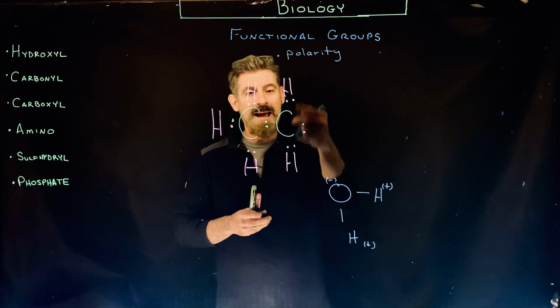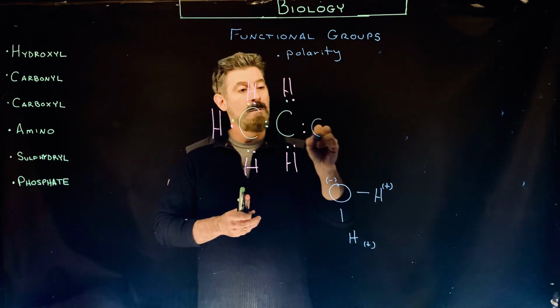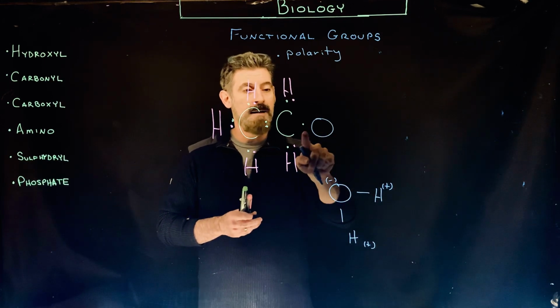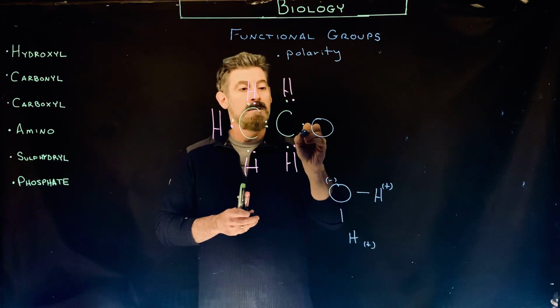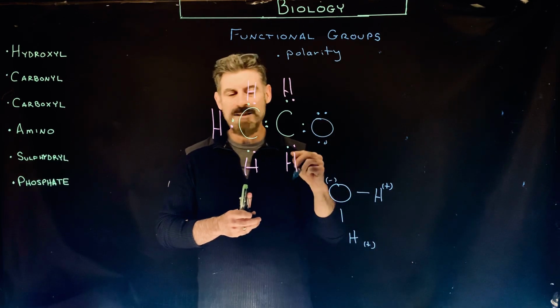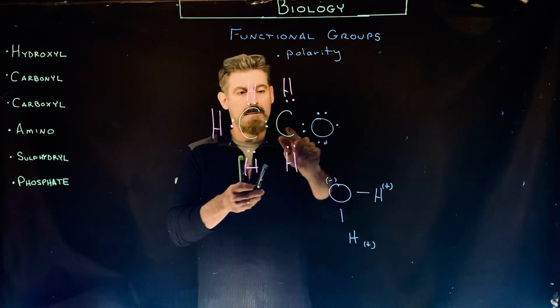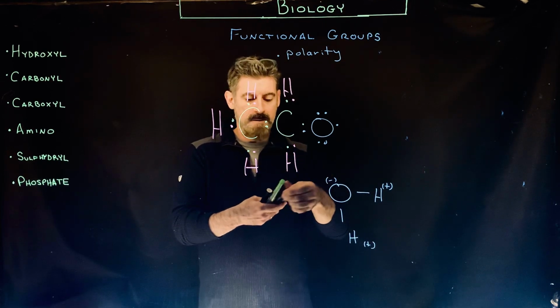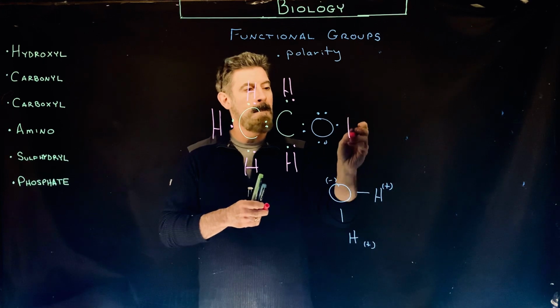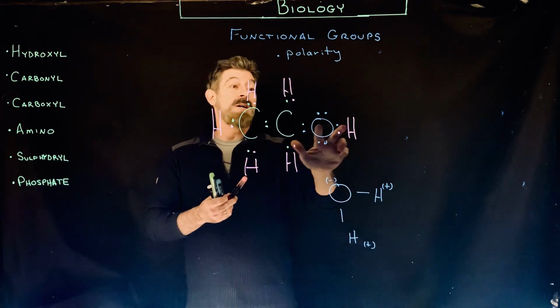So to add some functionality and allow this molecule to become water soluble, add here an oxygen. So now the oxygen has 6 electrons in its outer shell. It needs 2 more. And so one of the bonds is going to be here with a carbon. The other is then going to be also with a hydrogen. But this is unequal and this is unequal.